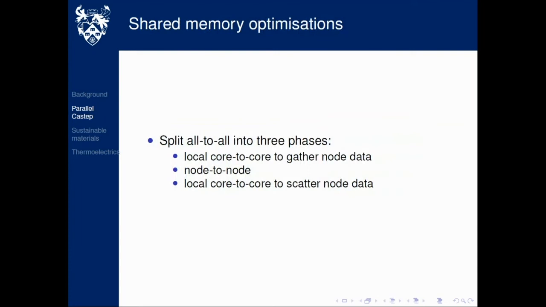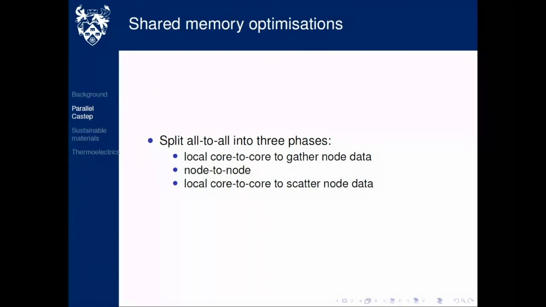But here we can do something using a different technology. We can split this using shared memory into 2 phases. We can gather some of the messages that are going on from processes that are in the same node, and I can pack them together into a single larger message. The total data is the same.